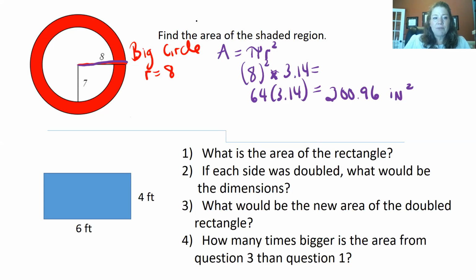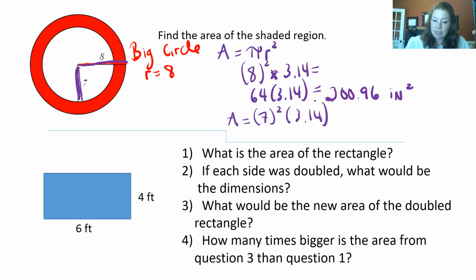And then if we look at our white circle, it has a radius of 7. So from here to here is 7. So then our second circle, our radius is 7. So we're going to square 7. And then we're going to multiply that by 3.14.